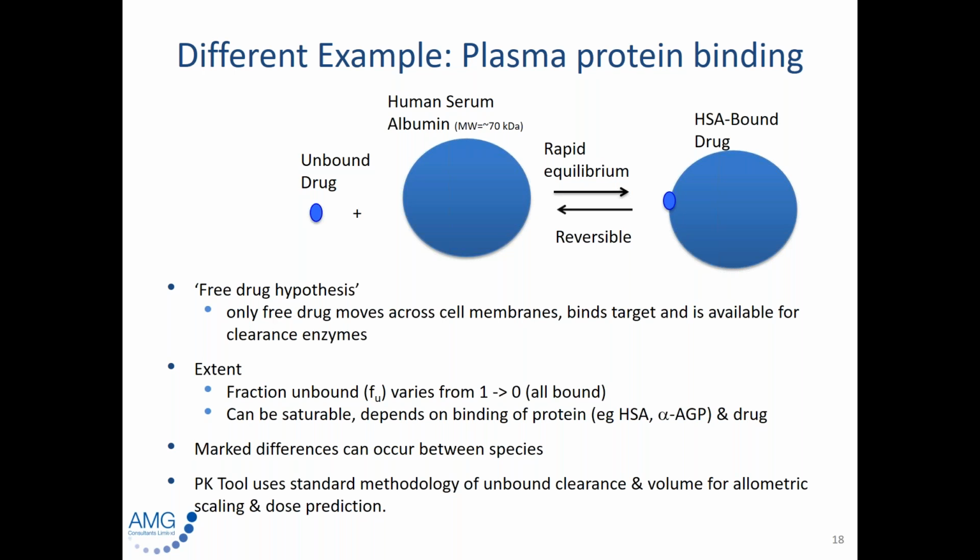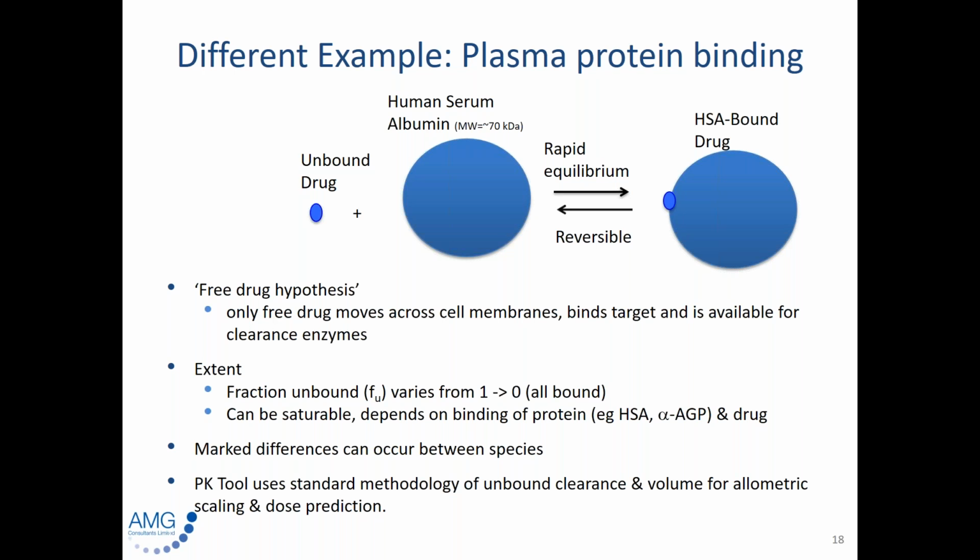So it's a very useful concept in thinking about drug discovery in general and metabolism particularly. And the fraction unbound, which is the flip side of protein binding, is going to vary from 1, which is completely unbound, to 0, all bound.